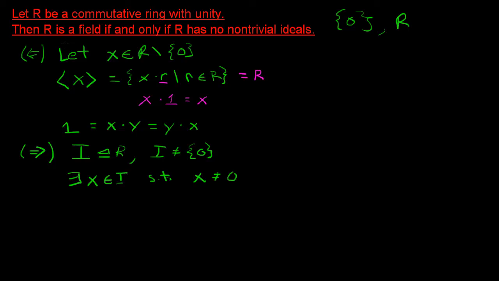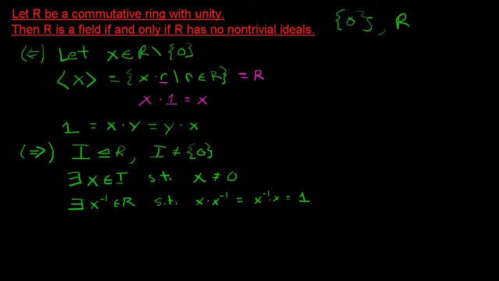Now if we're assuming that R is a field, then since this is a non-zero element, we could say there exists an X inverse in R. It may not be in I, but at the very least it's in R, since R is a field. So there exists an X inverse in R such that X times X inverse, or X inverse times X, is equal to 1.